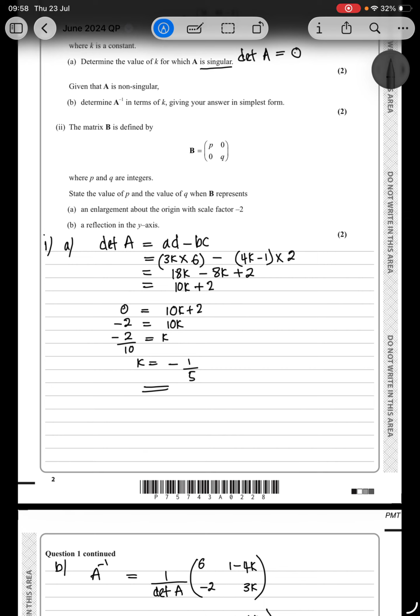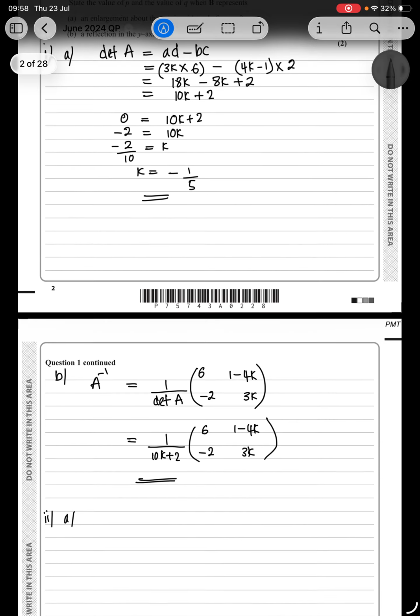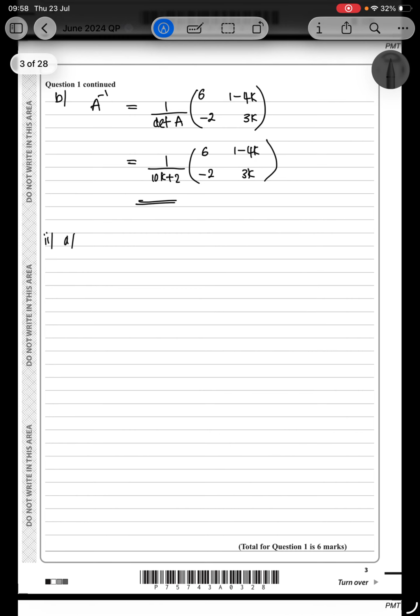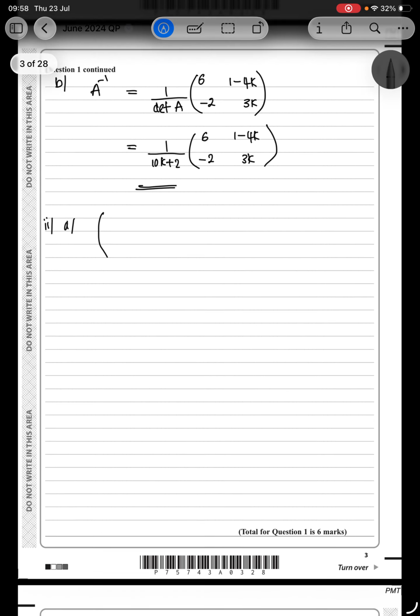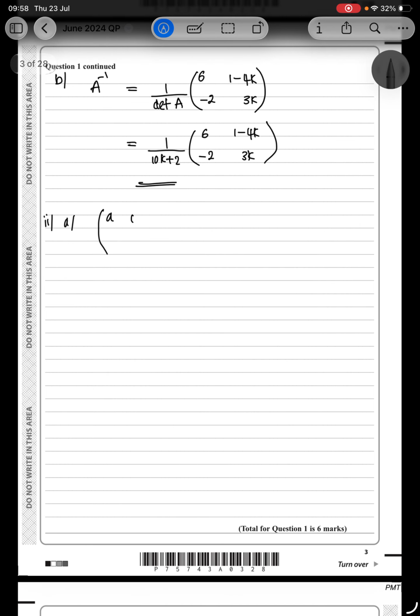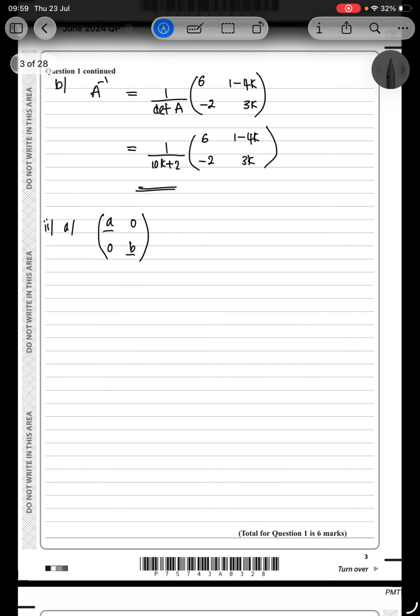So we have to know the normal representation, the original way of representing a matrix for an enlargement, which is of the form A 0 0 B. So this A and B represent the scale factor.